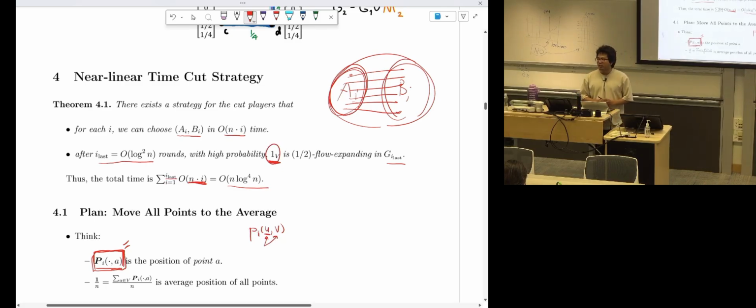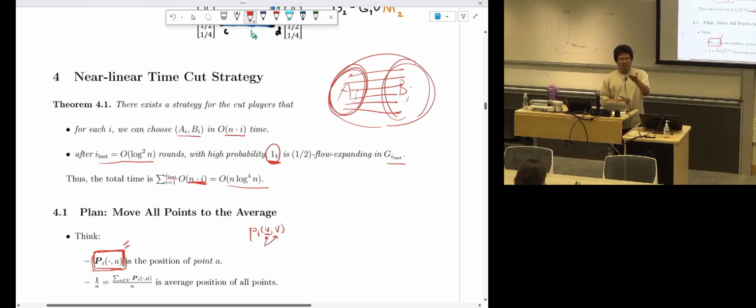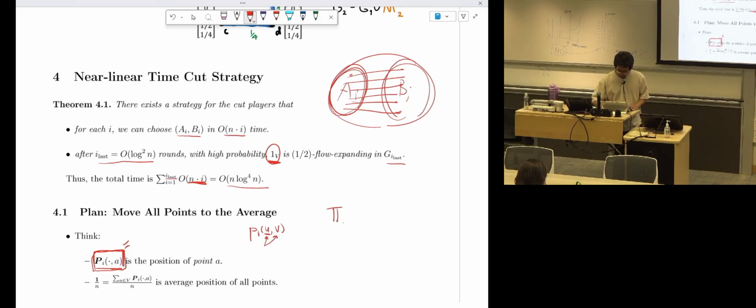What is that potential function? Yeah, the sum of square differences between the distances. Yes, sum over all nodes. The distance from what to what? I guess from the position, position minus average, squared.